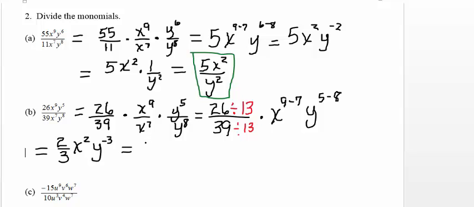So this is equal to 2/3, and in the numerator we have x squared. And if we bring y to the negative third into the denominator, the exponent changes sign. So our final answer is 2x squared over 3y cubed.